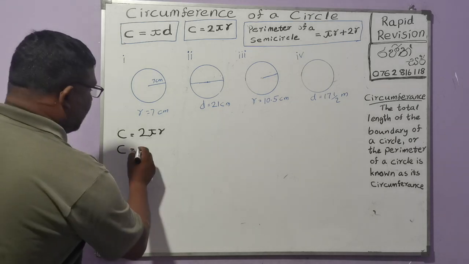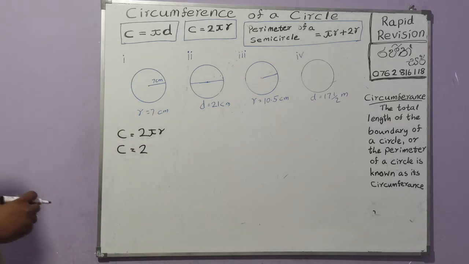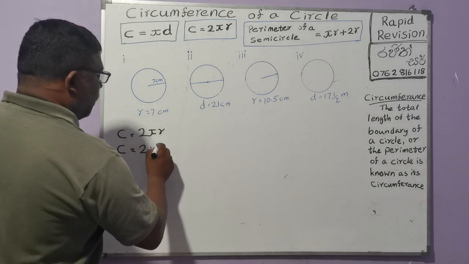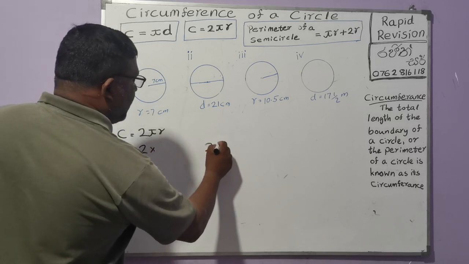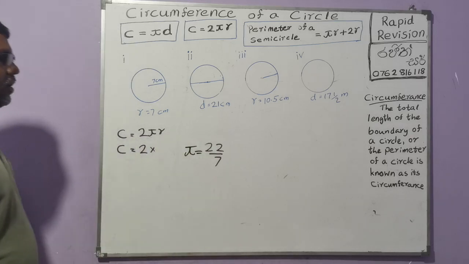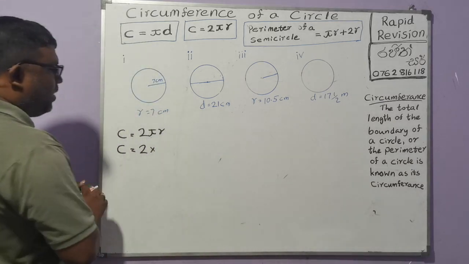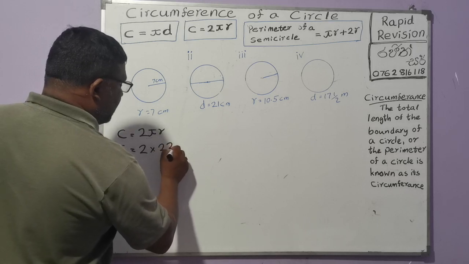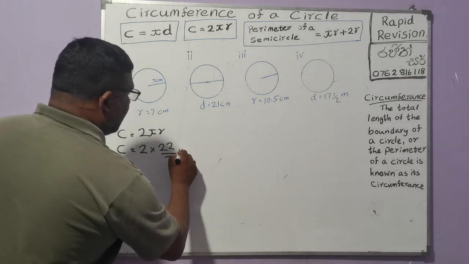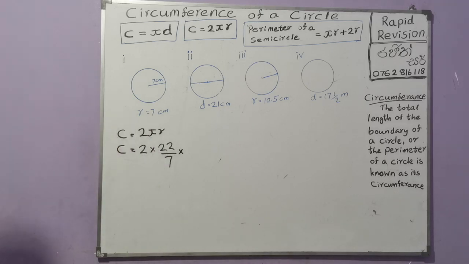Also, the exercise asks you to use 22/7 instead of pi. So instead of pi you use 22/7, and you use the value 7 centimeter instead of r, because 7 centimeter is the radius.